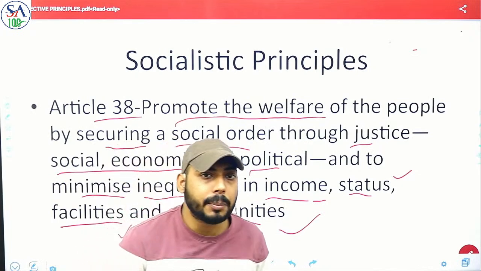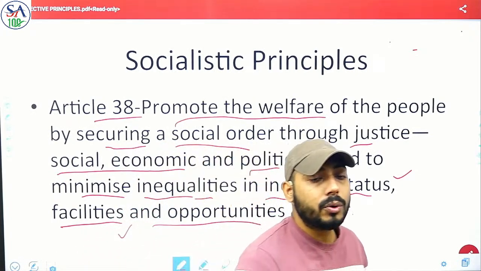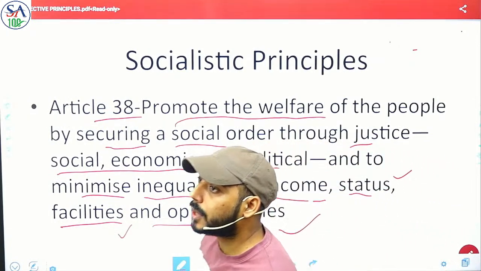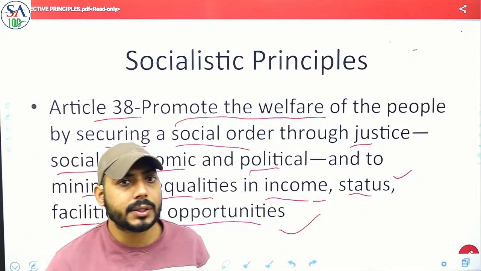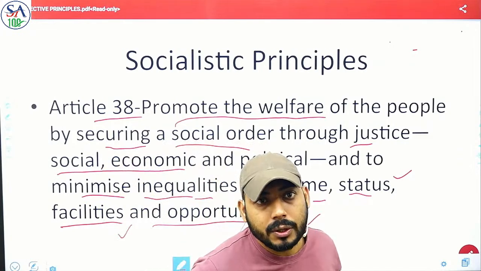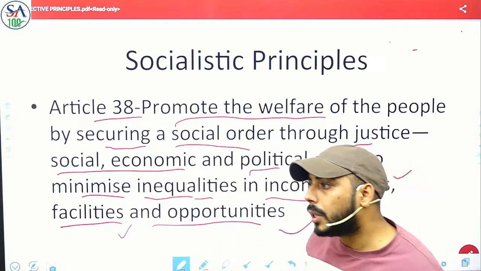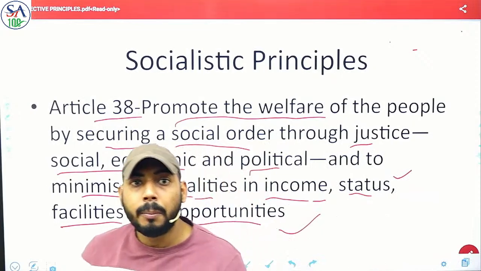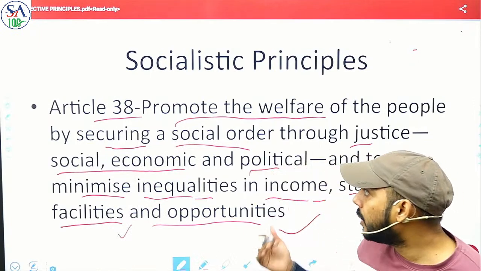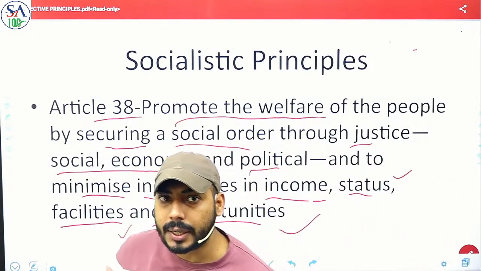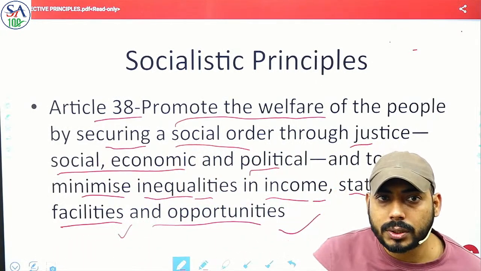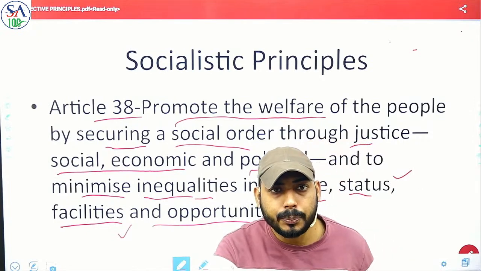It creates an environment of positive discrimination through reservation. For example, EWS reservation for the economically weaker section of society was done to create more opportunities for people from the general category who are included under the weaker section. So this target is achieved by the state through enacting different laws and creating reservation policies.